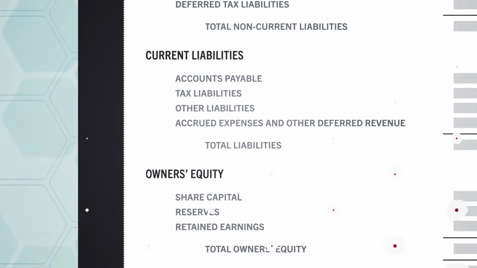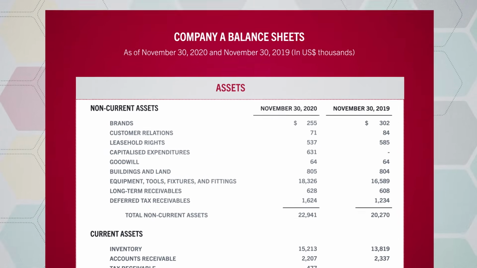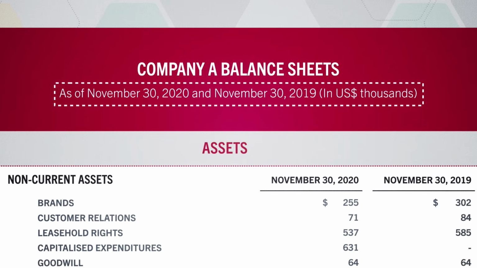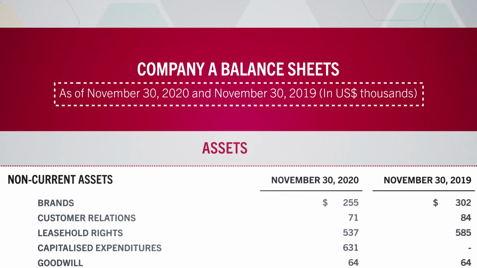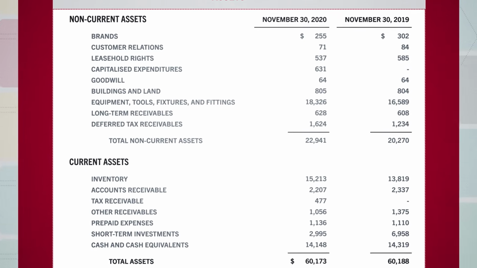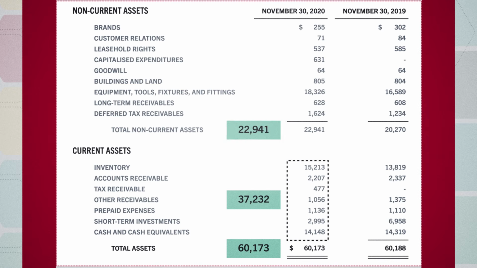To see these components in context, here's a balance sheet for a fictional company. It tells you the reporting period ended on November 30, 2020, and compares against a similar reporting period from the previous year. It also tells you the company's assets totaled $60,173, including $37,232 in current assets and $22,941 in non-current assets.